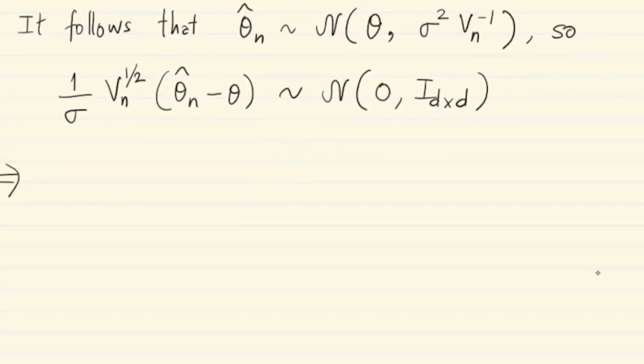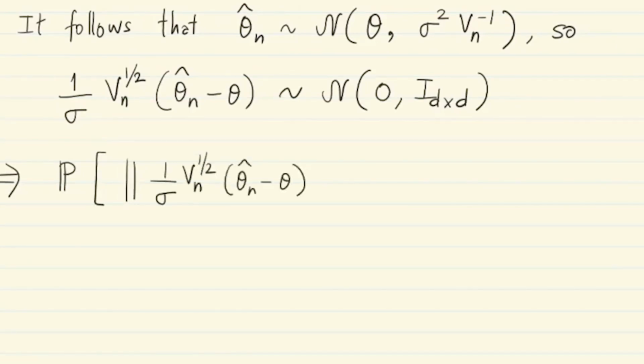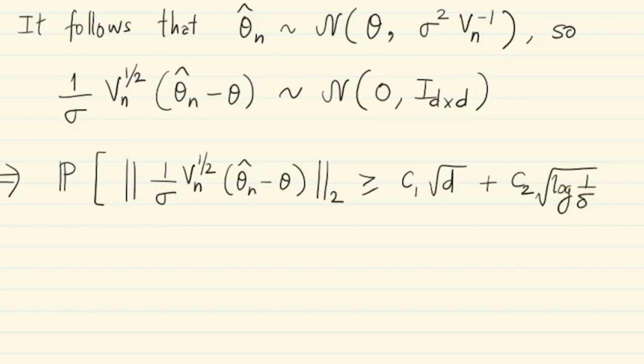This in turn implies, by using standard concentration results for multivariate normal vectors, that the probability that the L2 norm of this vector, 1 over sigma square root Vn times theta hat n minus theta, which is basically the L2 norm of a standard multivariate normal in d dimensions, exceeds some constant times the square root of the dimension plus another constant times the square root of log 1 by delta, is bounded by delta.